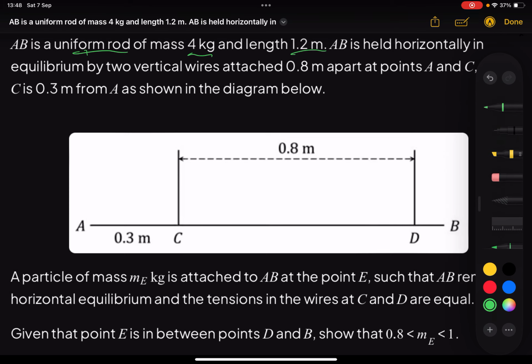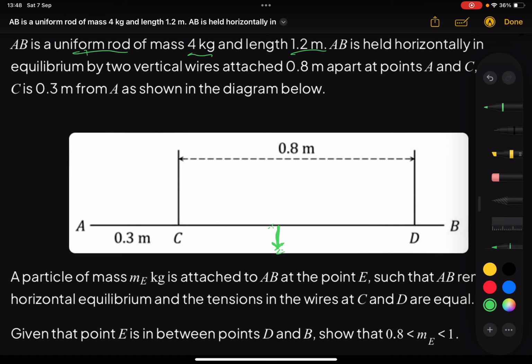So AB is a uniform rod of mass 4 kilograms and length 2 meters. So we can already put 0.8 around the middle of the rod.